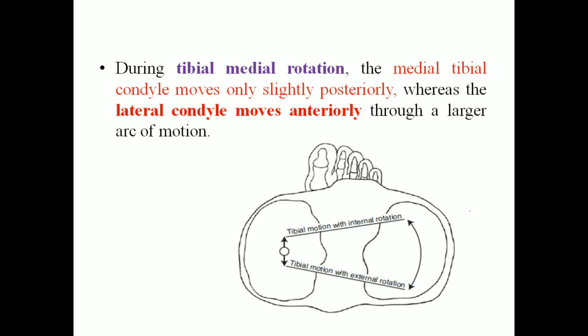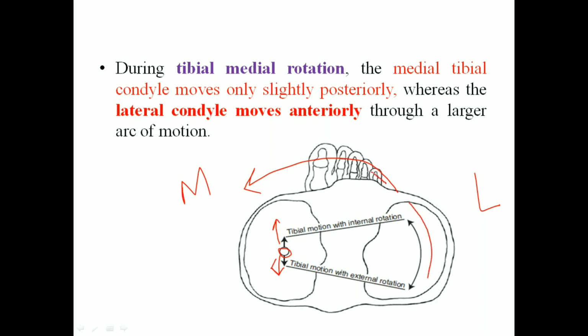Now during medial rotation, again this is the medial side, this is the lateral side, the arrow movement will be this one. This is our medial rotation. Now I think you can tell yourself what will happen. As we know this is the pivot joint, and whatever the direction of movement, the medial condyle of tibia will move very slightly, whether anterior or posterior, but the lateral condyle of tibia will move in a greater arc.